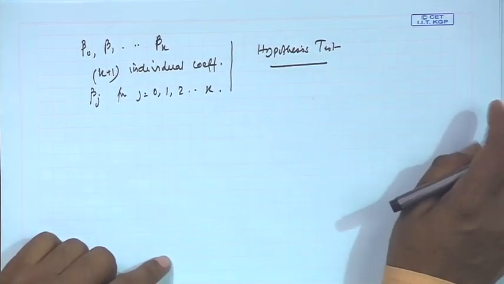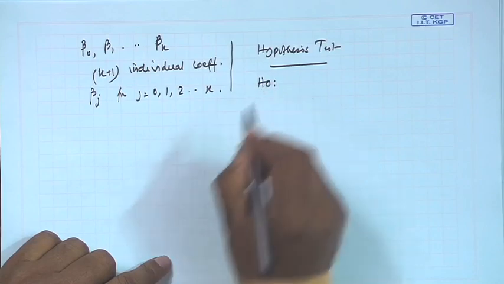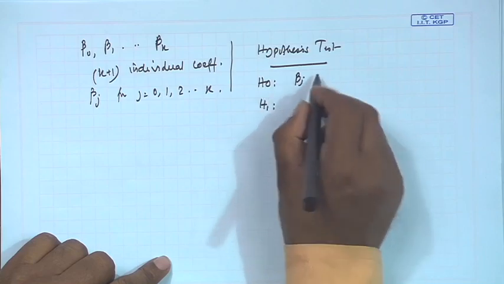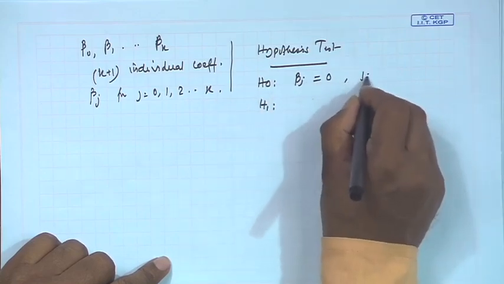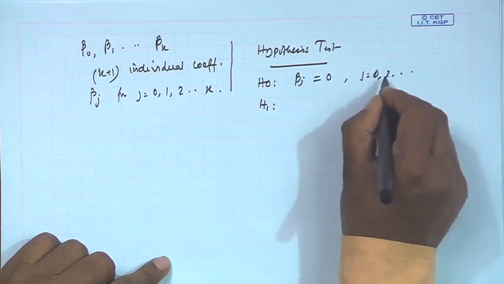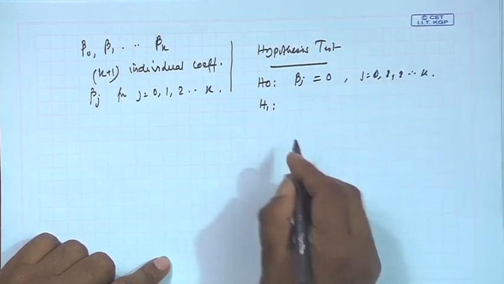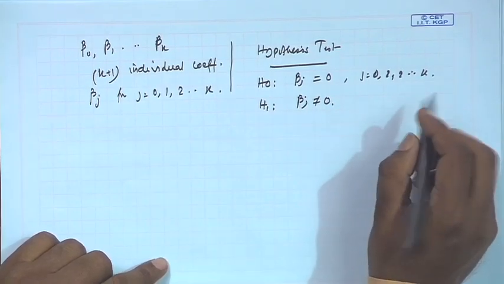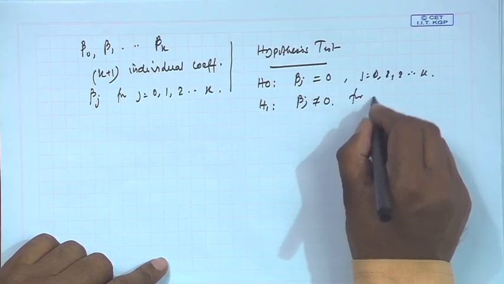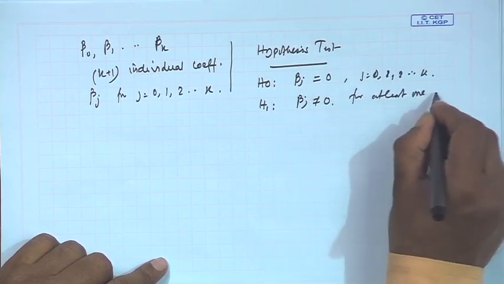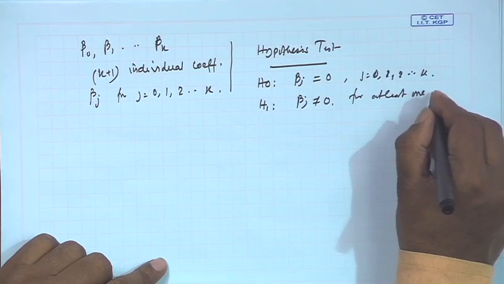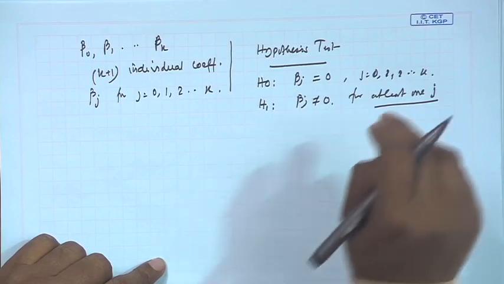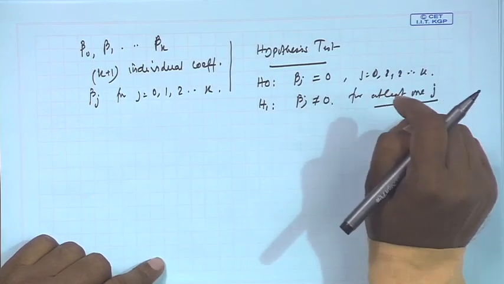You have seen earlier that a hypothesis test means there will be a null hypothesis and an alternate hypothesis. Our null hypothesis is beta j equal to 0, for j equal to 0, 1, 2 to k, and beta j not equal to 0 is the alternate hypothesis, for at least one j. But here we are interested in testing individual parameters.